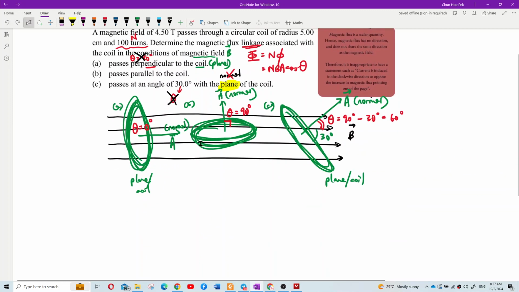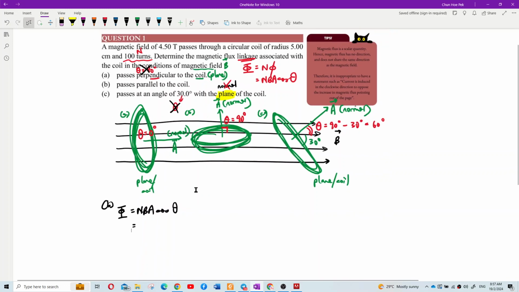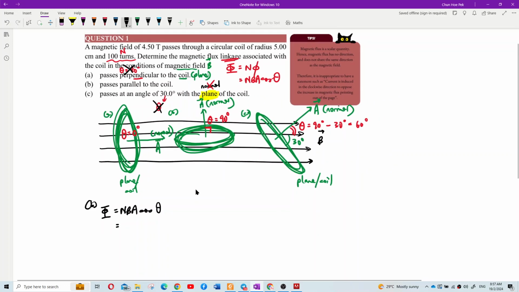Substitute into the equation. I want to find the magnetic flux linkage, so it is NBA cos theta. The number of turns is 100, and the magnetic field is 4.5 Tesla.